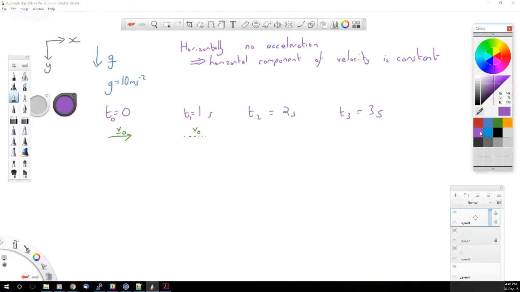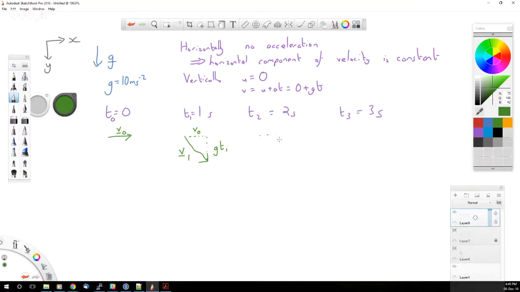So vertically, u equals 0, v equals u plus at, which equals 0 plus gt. So this component must be equal to g t1, giving us our vector velocity v1.